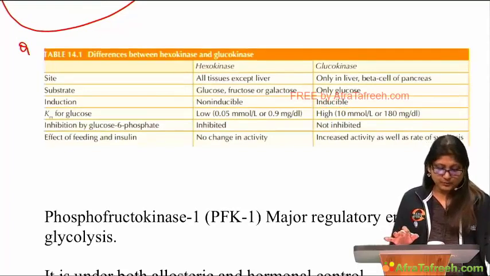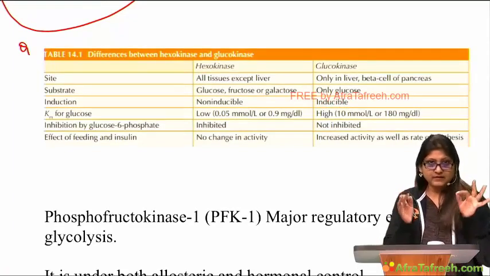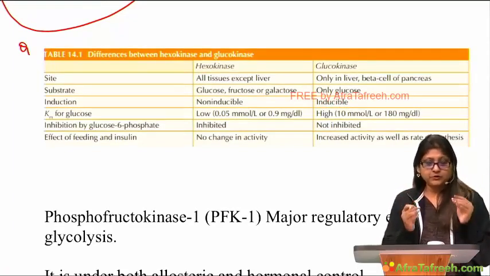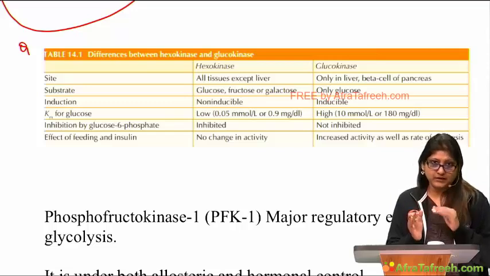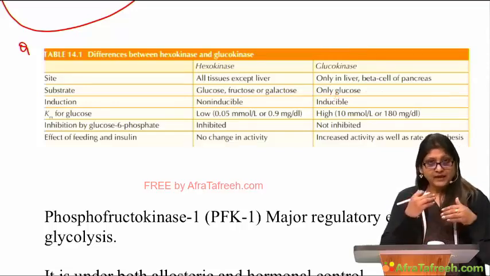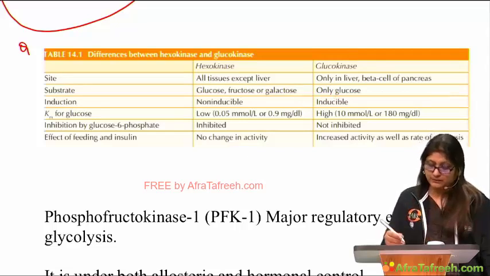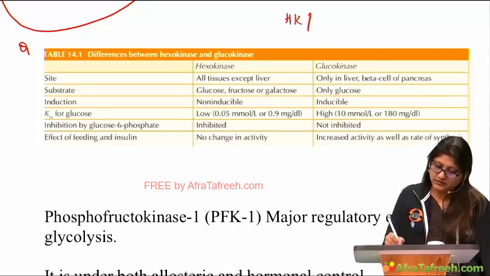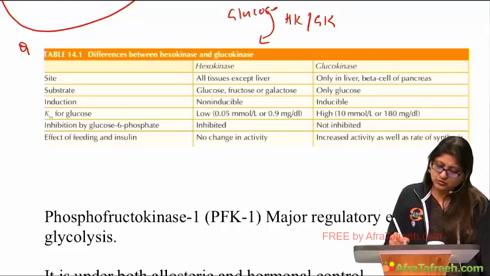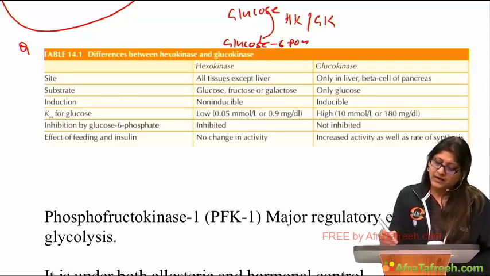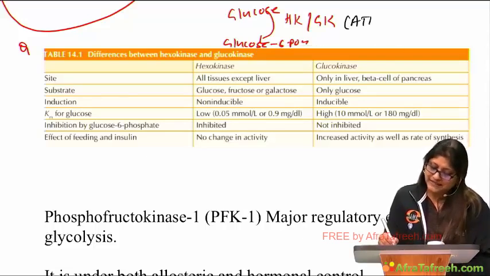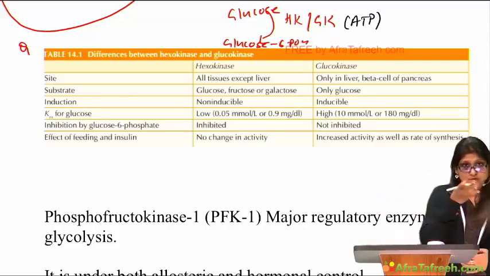Just see, all these points are very, very important, talking about the differences between hexokinase and glucokinase activity. As far as their functioning is concerned, both these enzymes, whether hexokinase or glucokinase, convert glucose to glucose 6-phosphate. Both of them utilize ATP for donating the phosphate to glucose.